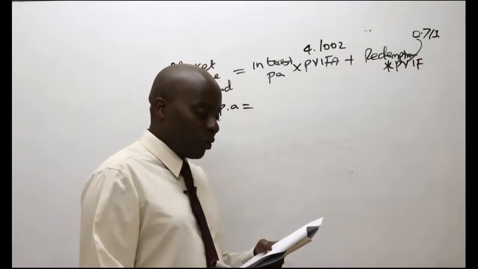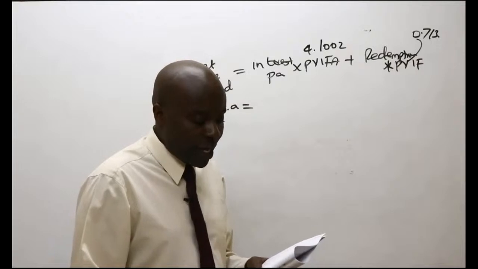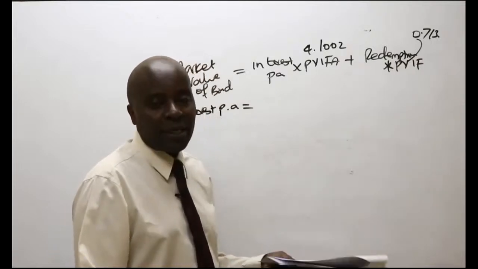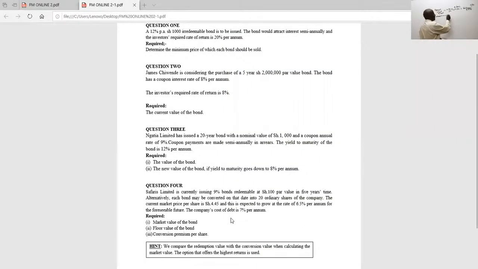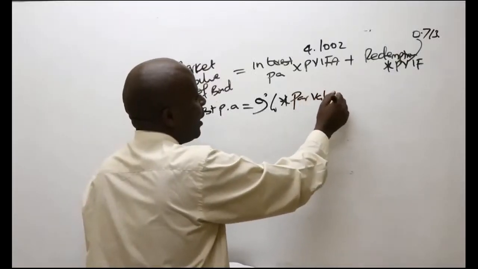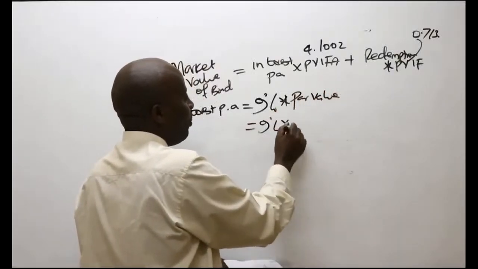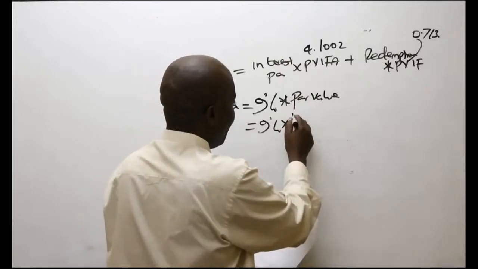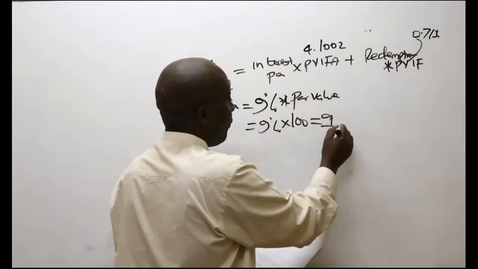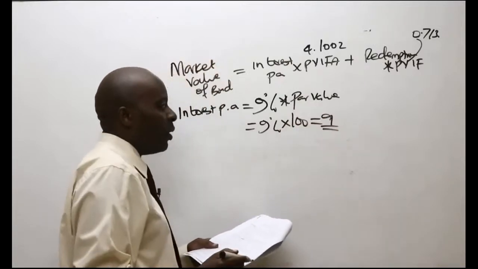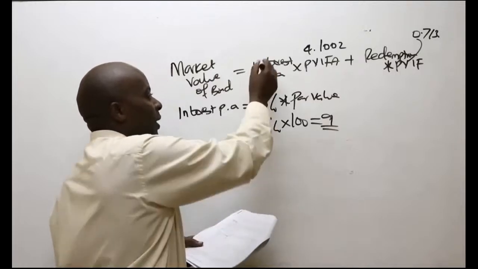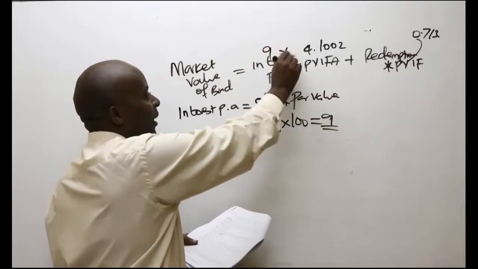If you read that question very well, they have told us Safaris Limited is currently issuing 9% bonds. So it is 9% of the par value. Don't forget that. 9% of our par value, which is 100, will give us 9. So the interest per annum is 9.